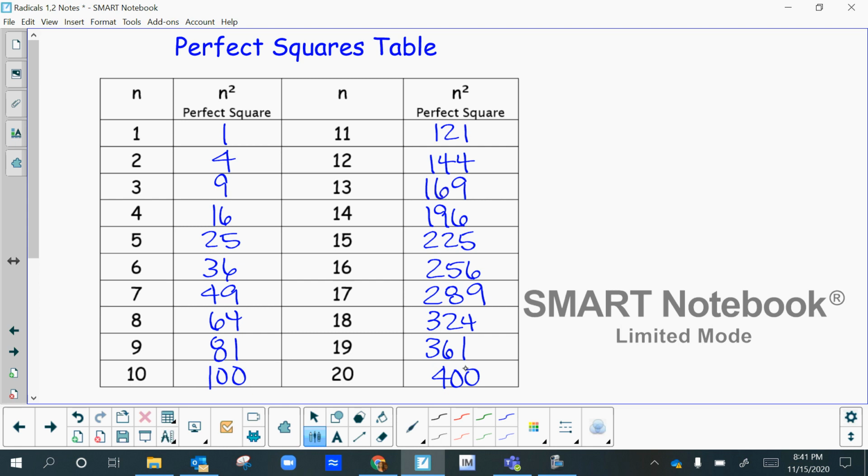You don't have to have these memorized. Again, it's just good to have these fresh in your head whenever you're simplifying radicals, because you're going to see these pop up.